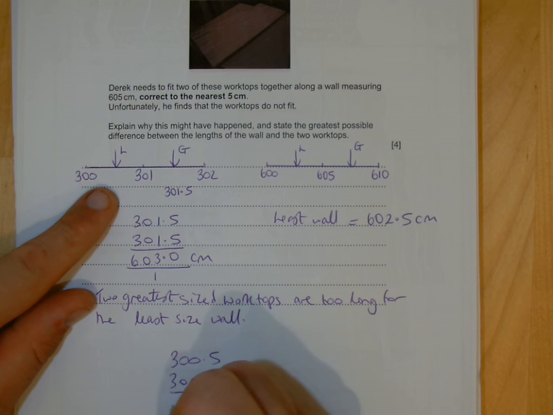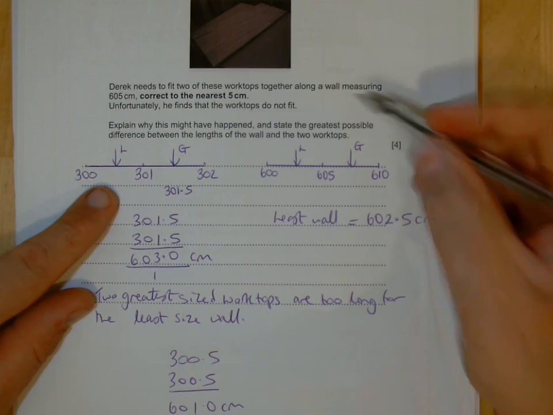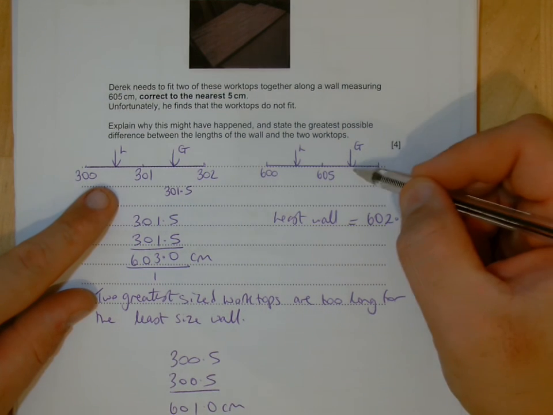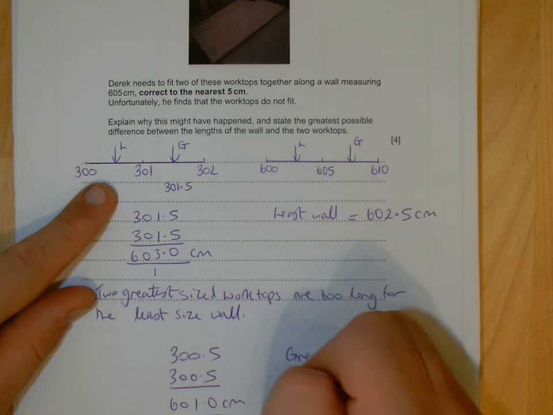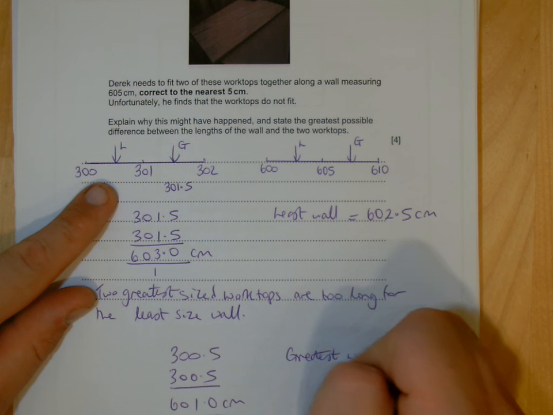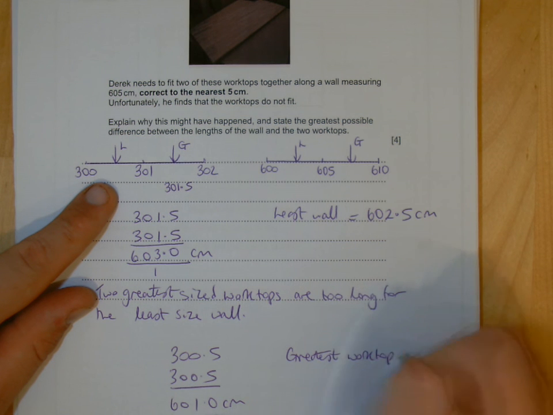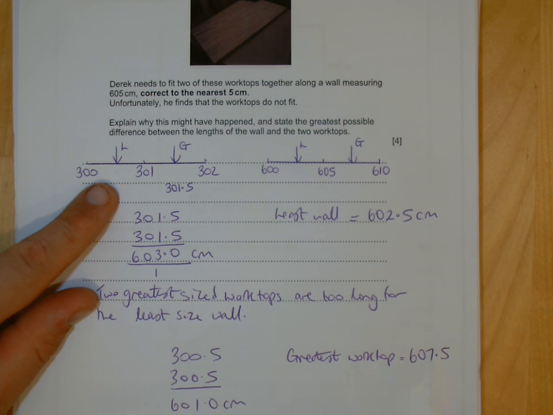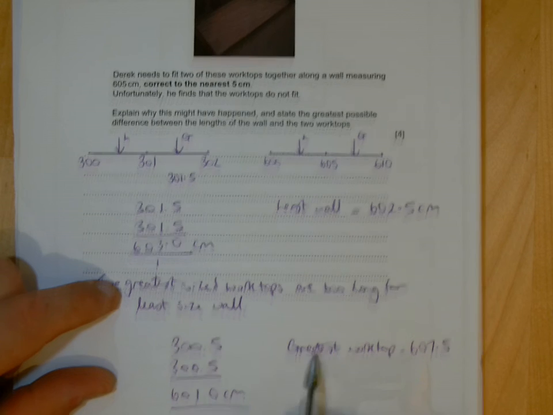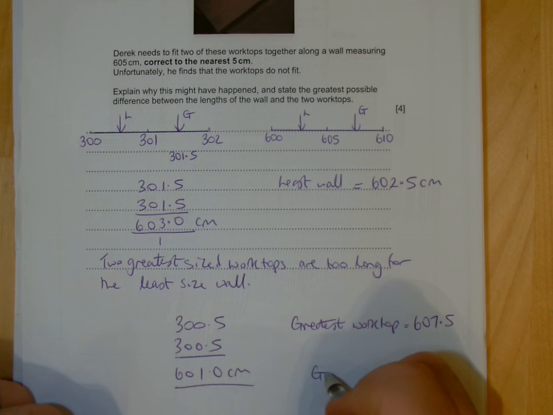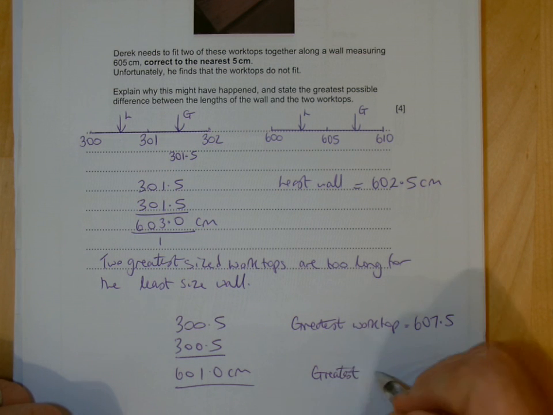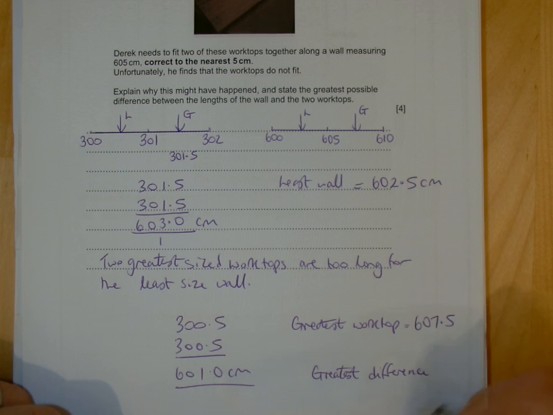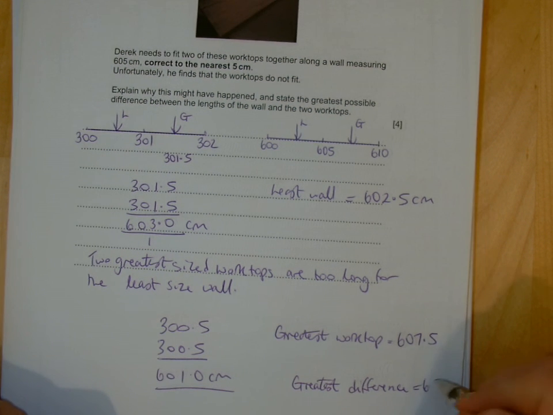Add them together, you get 601 exactly. The greatest possible wall will be 607.5. So there's a gap, so they'll fit in easily, but there'll be a huge gap. The greatest gap, the greatest difference, will be that take away that, which is 6.5 centimeters.